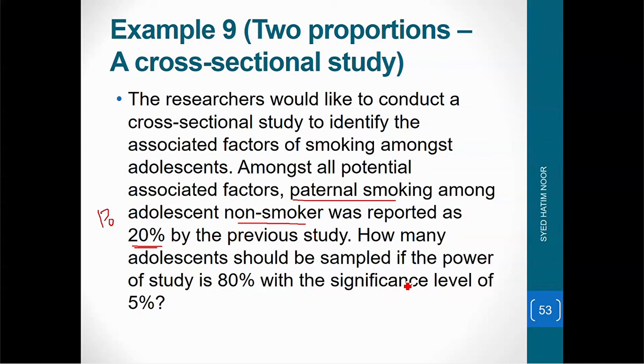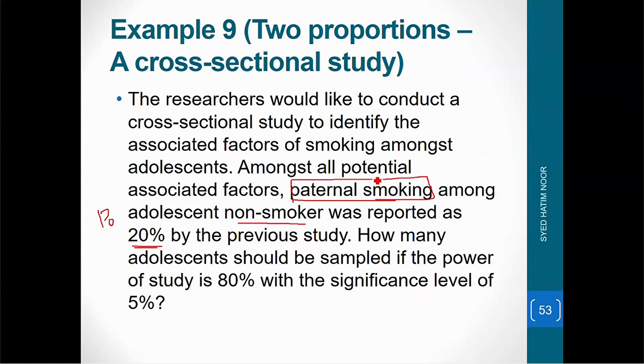Higher, right? So we estimate it to be higher, because paternal smoking among those who are non-smokers is 20%. That means you need to estimate the paternal smoking among the smoker group. If you think that paternal smoking is one of the factors, then your P1 should be higher.